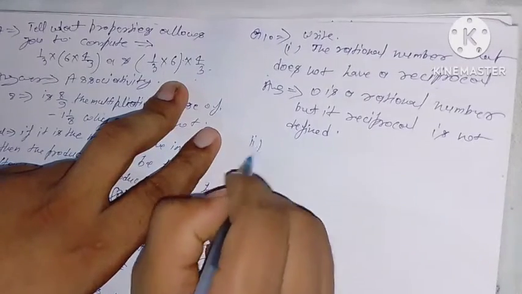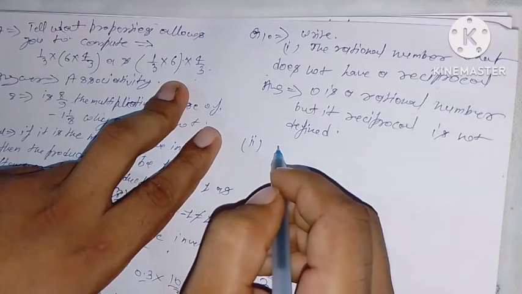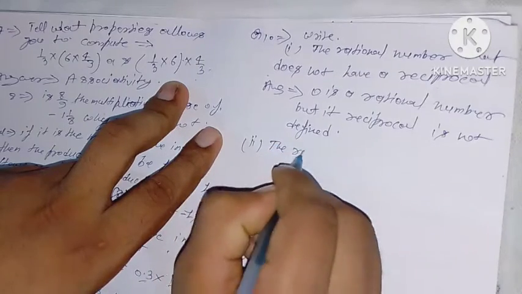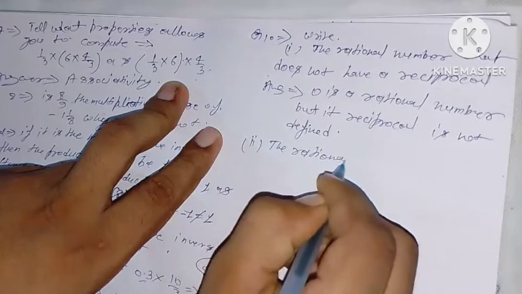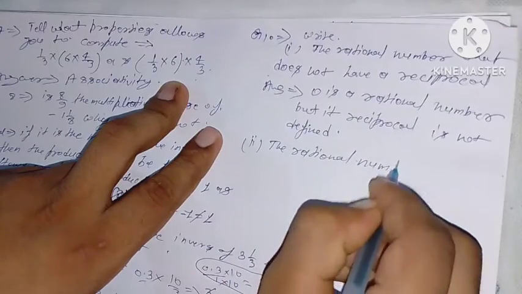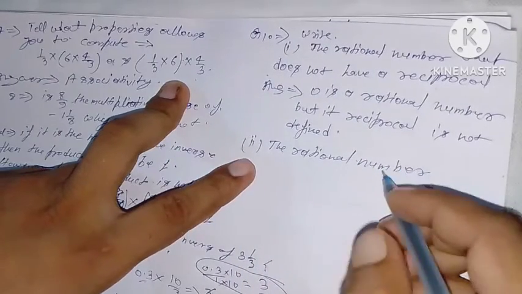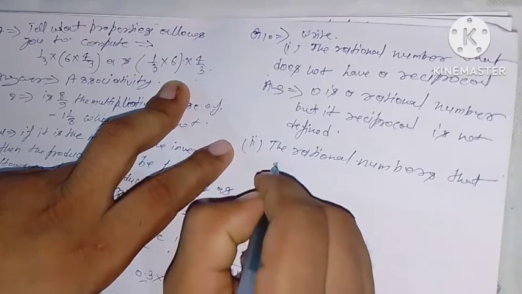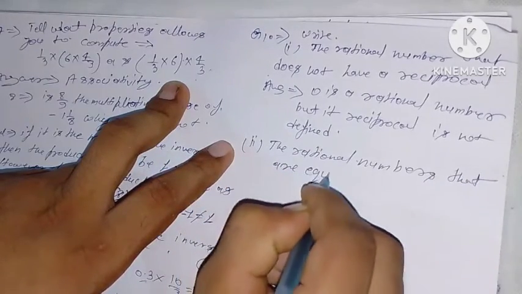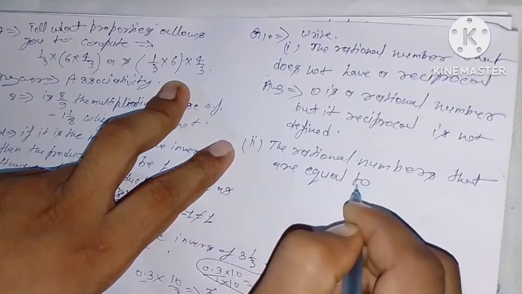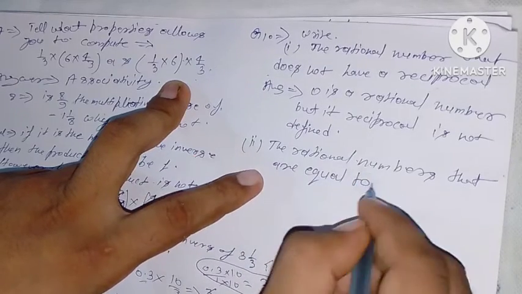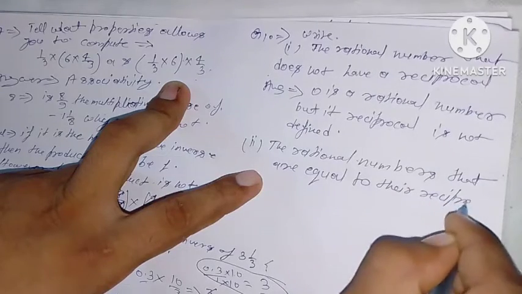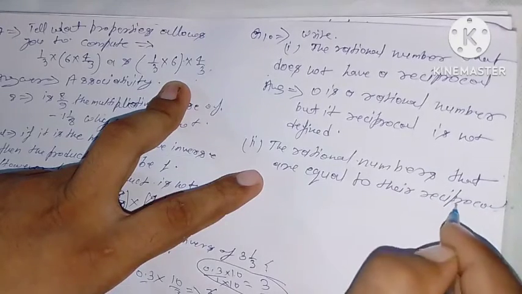Second question: the rational numbers that are equal to their reciprocal.